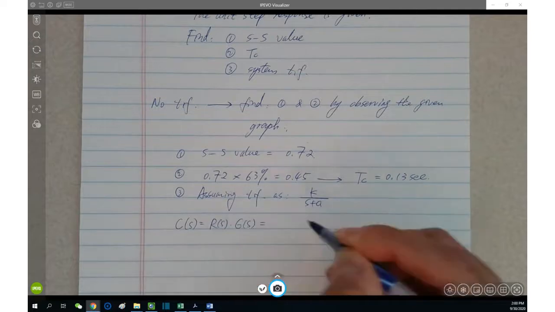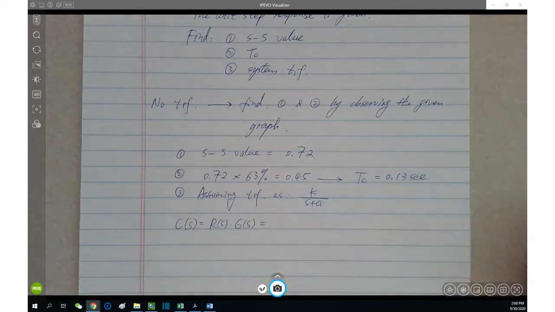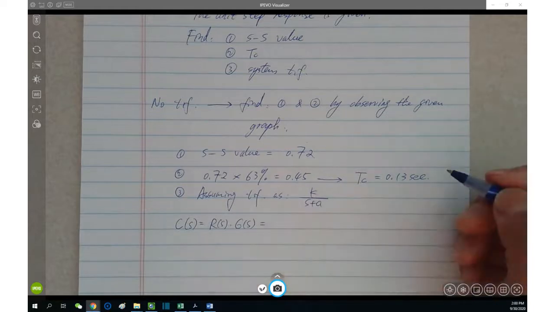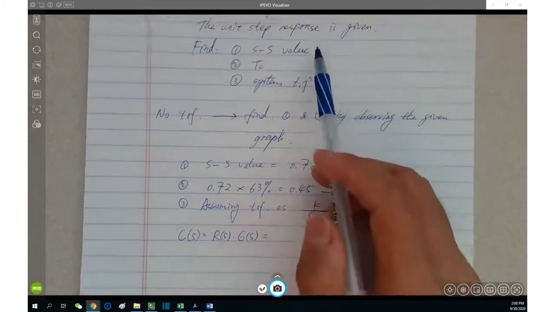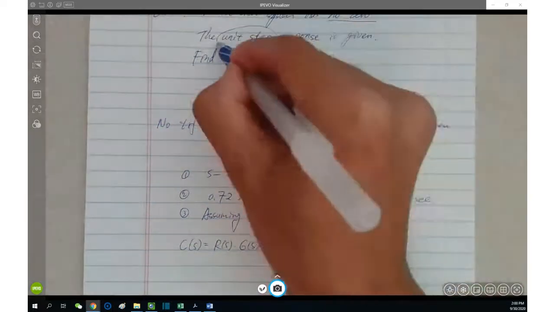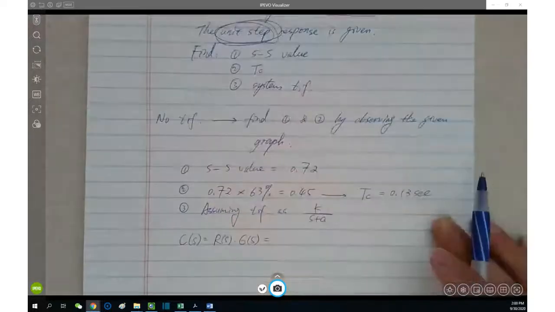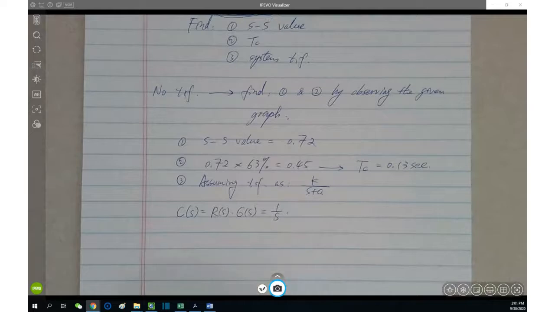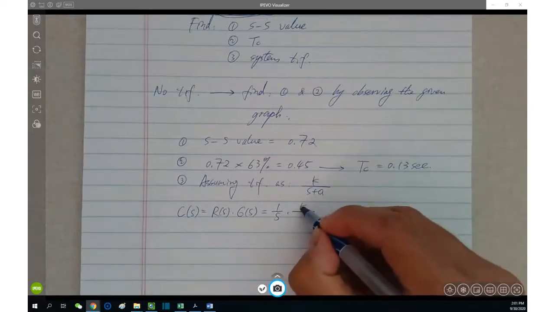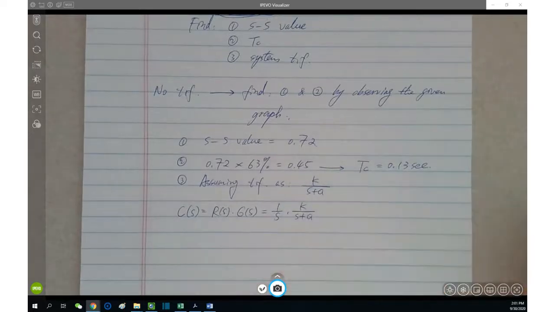Output equals input times the transfer function. The input is a unit step. The problem is telling you it's a unit step, so be very careful. It's 1 over S times the transfer function, which is K over S plus A, right?